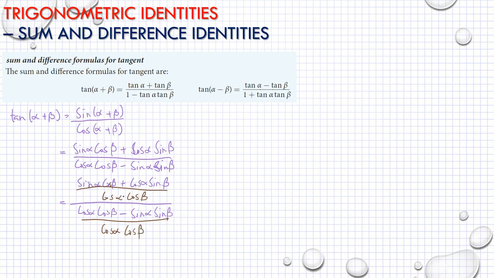This is allowed because cosine alpha cosine beta divided by cosine alpha cosine beta will become 1 actually.